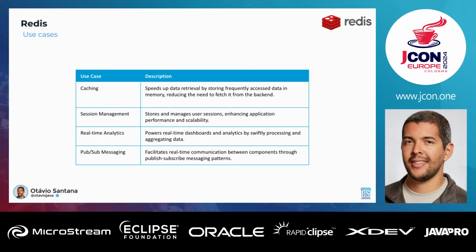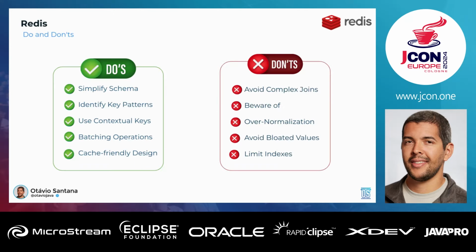I can use Redis for caching some information, for session management, precisely because most of the time when we handle sessions with Redis and cache, we have a unique ID for a user in the session, for example the nickname, and so on. Also real-time analytics information, and finally pub/sub messaging. You can use Redis for those cases and it will be fine and fun for you.